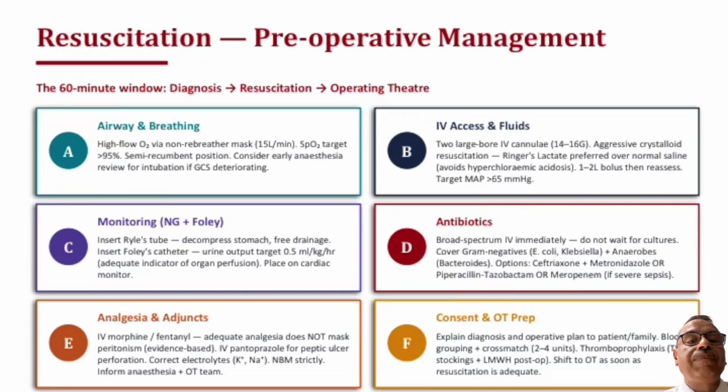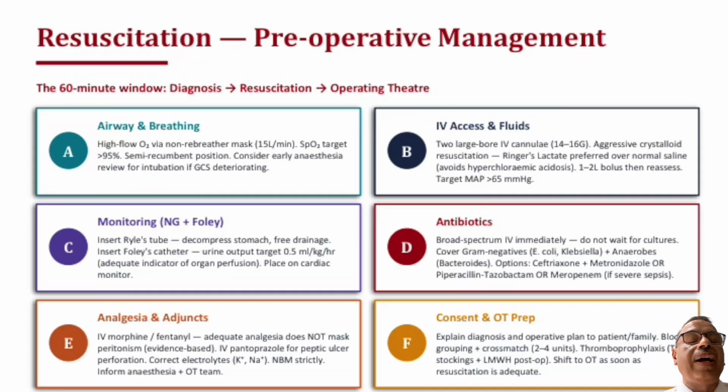Monitoring is very important. We do nasogastric and Foley's catheter monitoring. Insert a Ryle's tube or a nasogastric tube to decompress the stomach, especially in massive distension, also to prevent aspiration. And this decompression also promotes peristaltic activity. Insert a Foley's catheter.